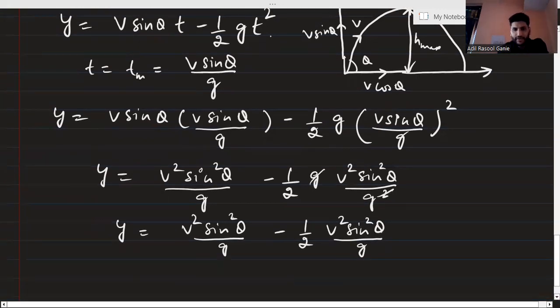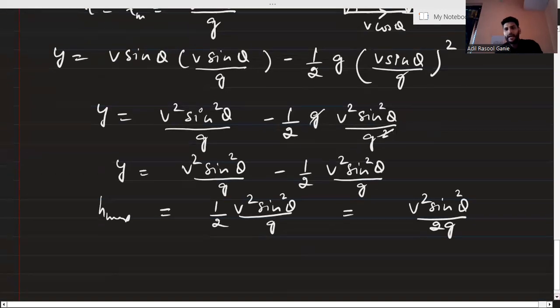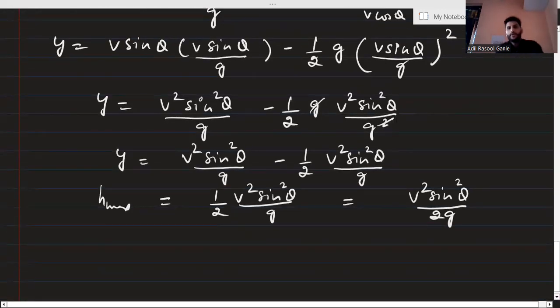Which means this vertical displacement is nothing but the maximum height. So h maximum will be equal to 1/2 v square sine square theta upon g. In simple words, I will write it as v square sine square theta upon 2g. This is the equation for the maximum height attained by a body during its projectile motion.